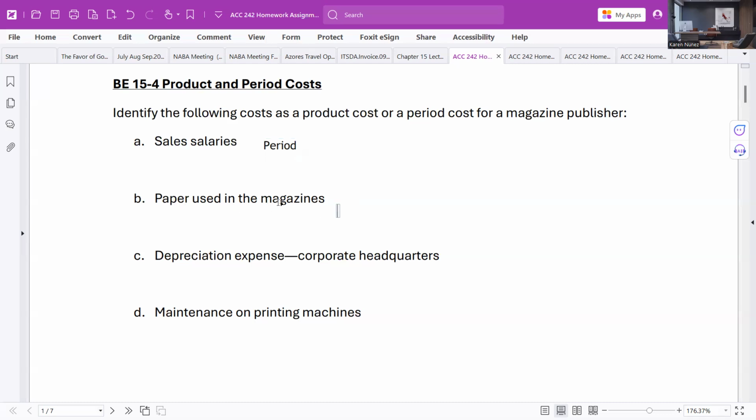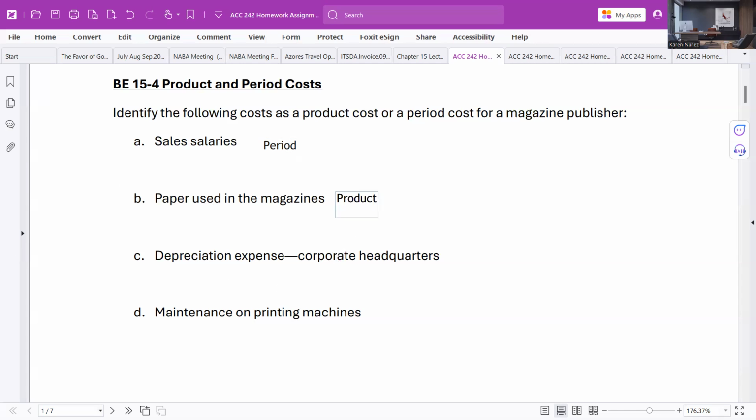So if it's paper used in the magazines, well, that's the product. The product is the magazines that they're publishing, and the paper is going to be a product cost, right? Most likely direct materials, because it's probably going to be the direct materials that are used to manufacture that product.